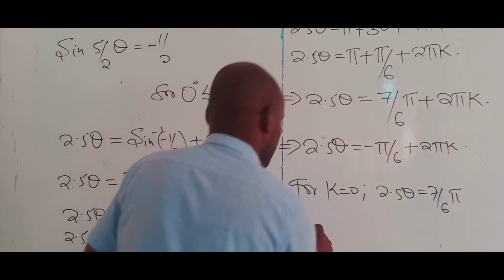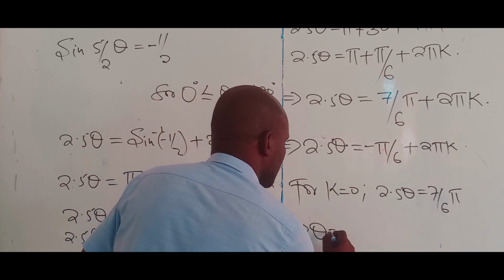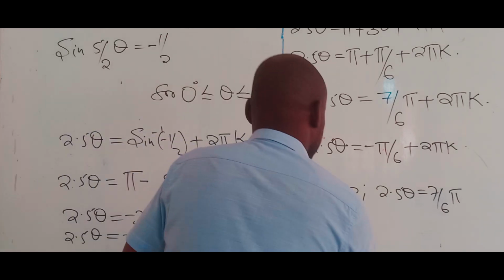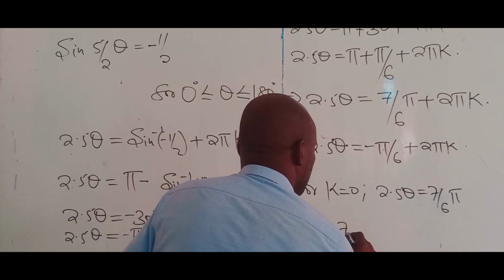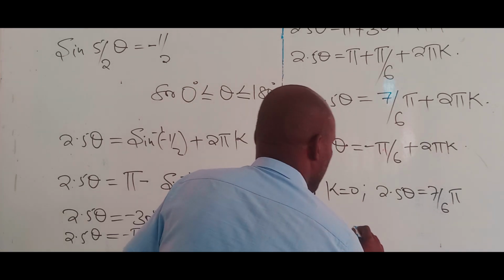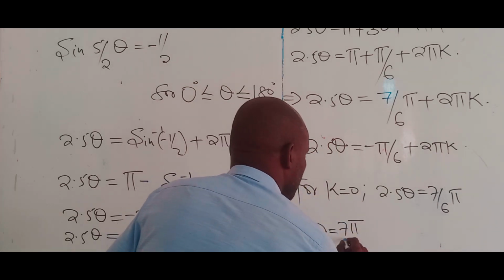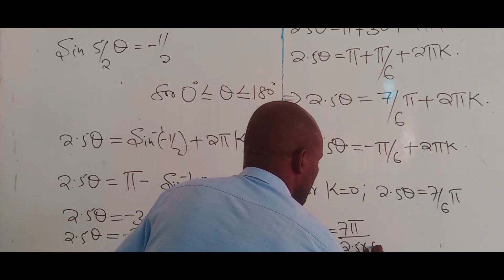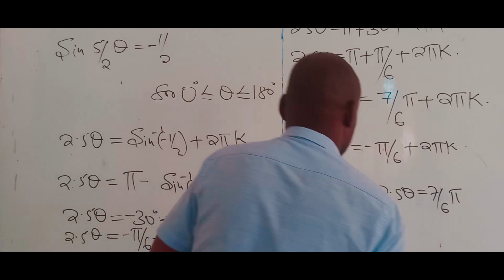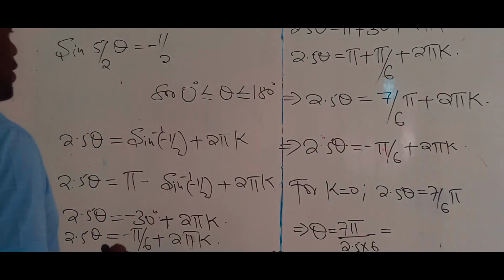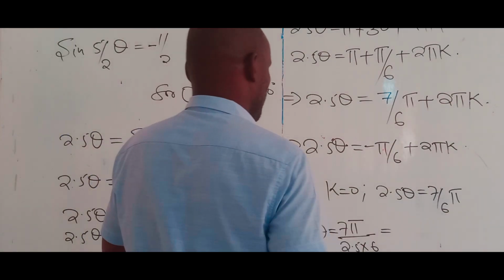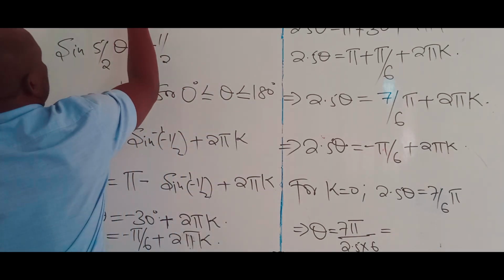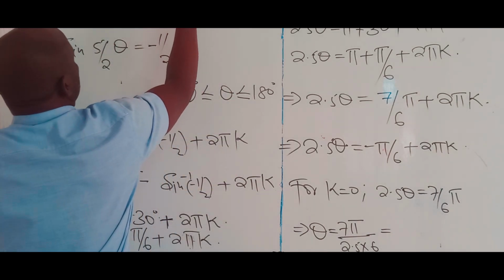That implies that theta is therefore 7 pi divided by 2.5 times 6. Let me just work out 2.5 times 6 outside.